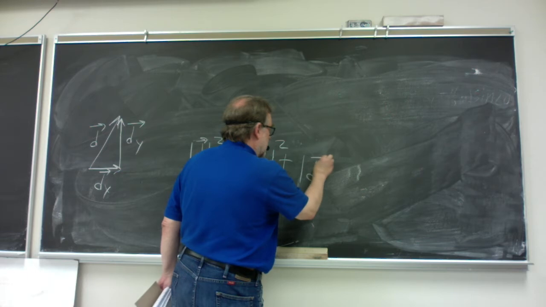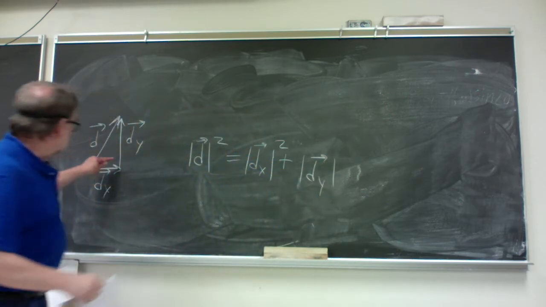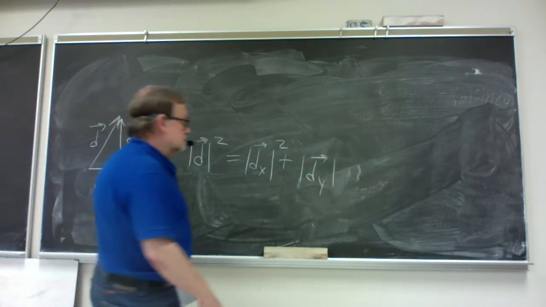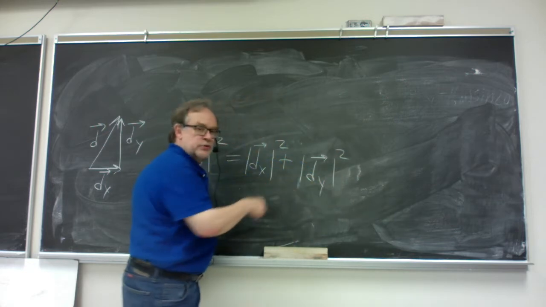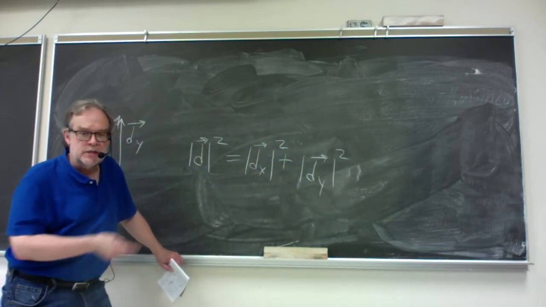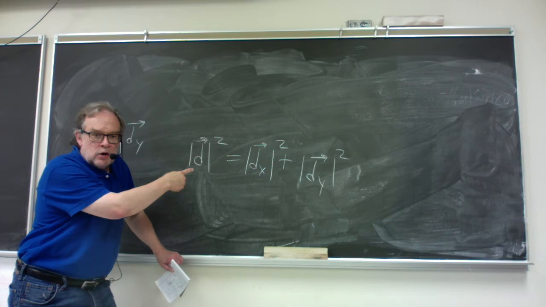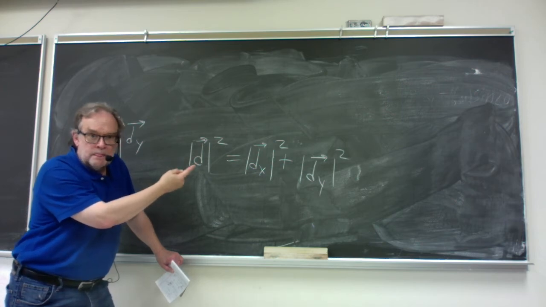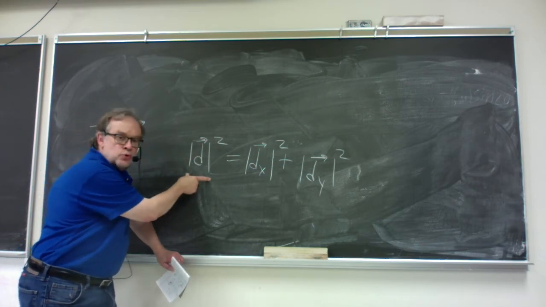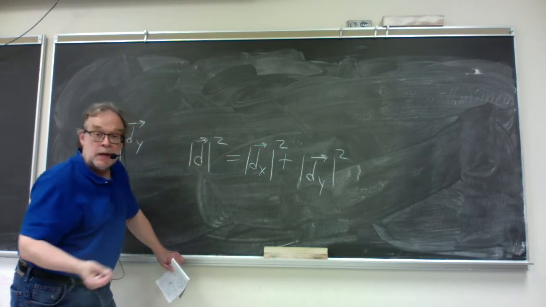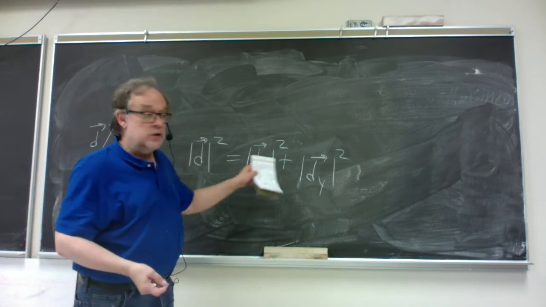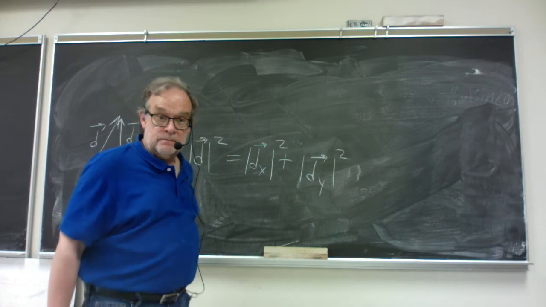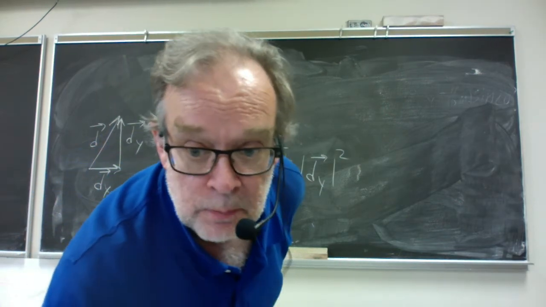Magnitude of dy corresponds to the length of this side, squared. So the sum of the squares of the two perpendicular sides equals the square of the hypotenuse, or magnitude squared of the vector itself equals this combination here involving the components.